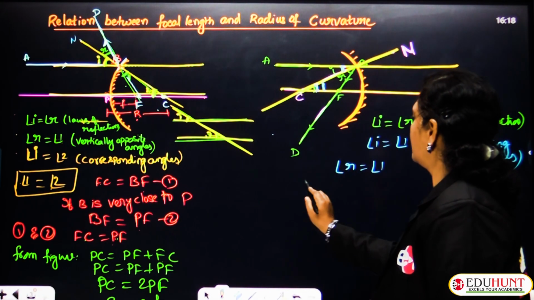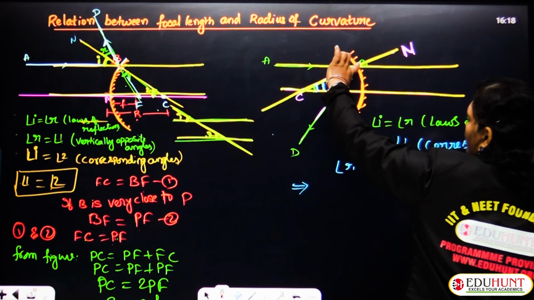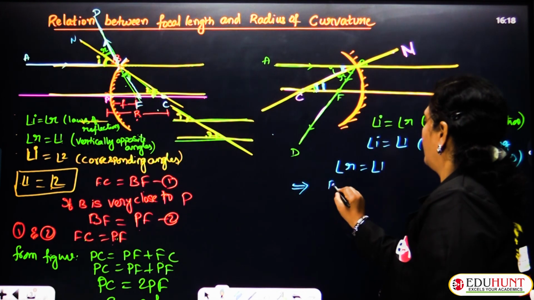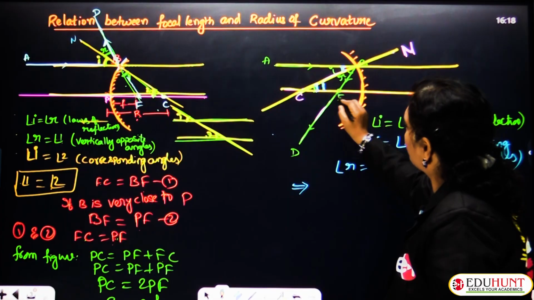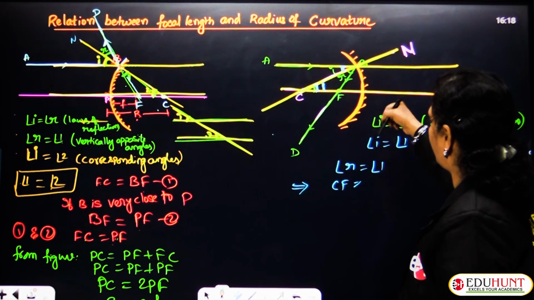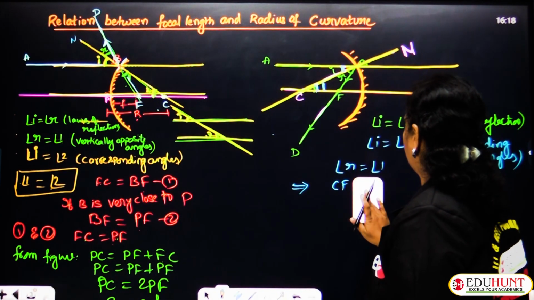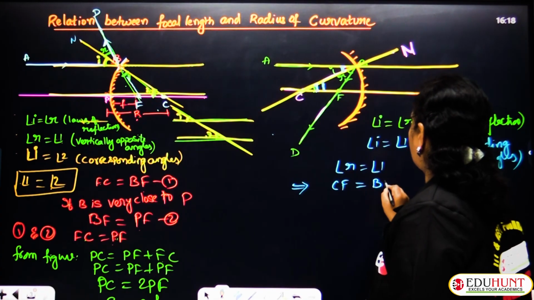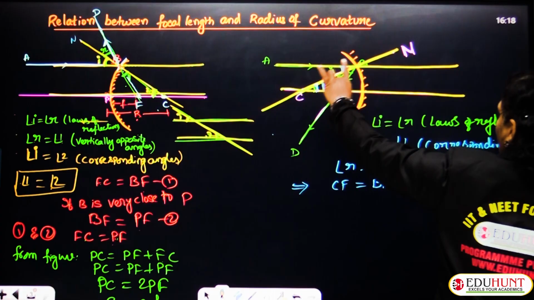The opposite side for R is CF and the opposite side for angle 1 is BF. So CF must be equal to BF.